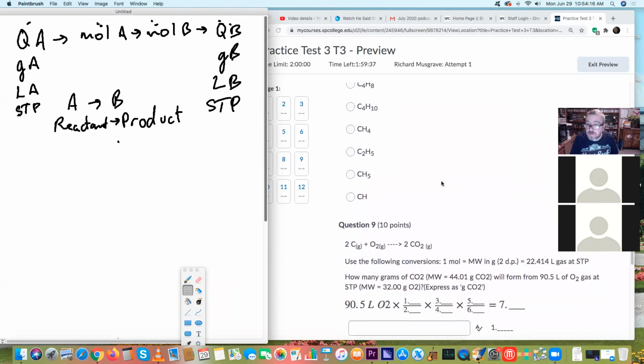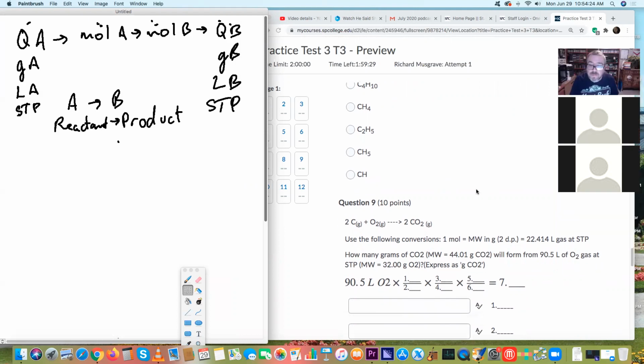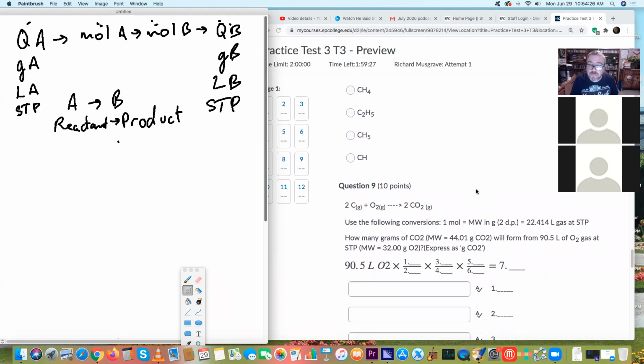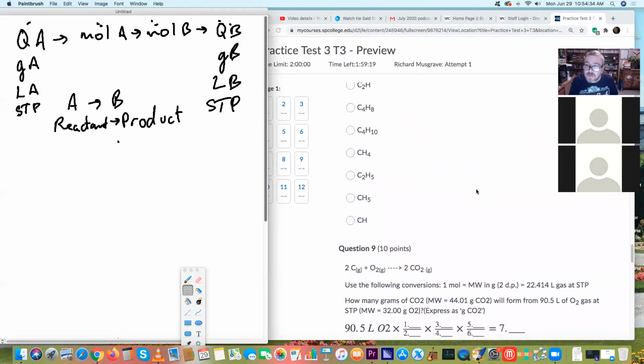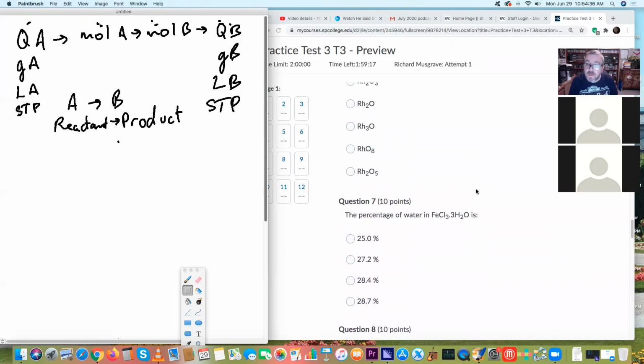So, Professor Richard, sorry, I have a question, just so I don't forget. How can you zoom the periodic table you have in the test? Oh, okay.